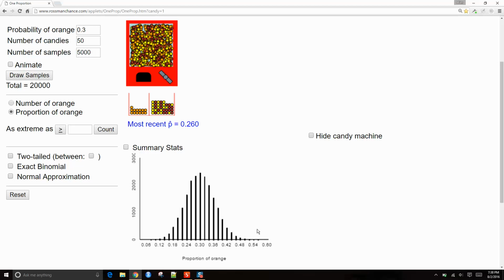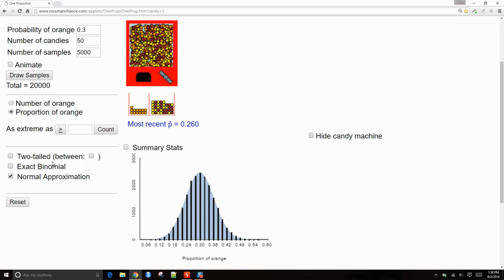What does this shape look like? It looks a lot like the normal distribution. I can overlay the actual normal distribution on top of it, and we see that the shape of our sampling distribution looks very, very similar to the normal distribution.